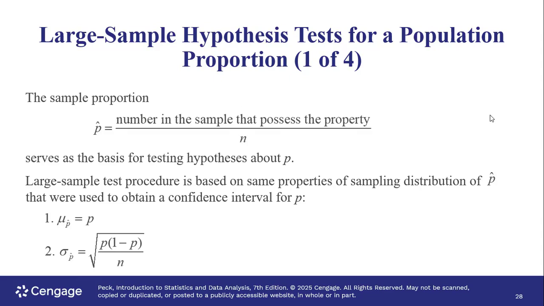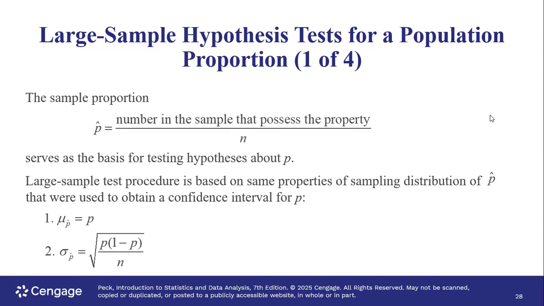And the standard deviation of the sampling distribution, or probability distribution of p hat, is given by sigma p hat, which is the square root of p, the population proportion, multiplied by 1 minus p in the numerator, divided by n, the sample size, everything under the square root.